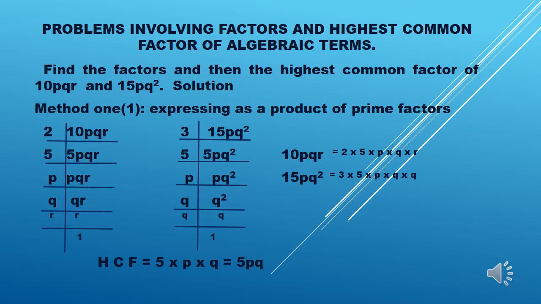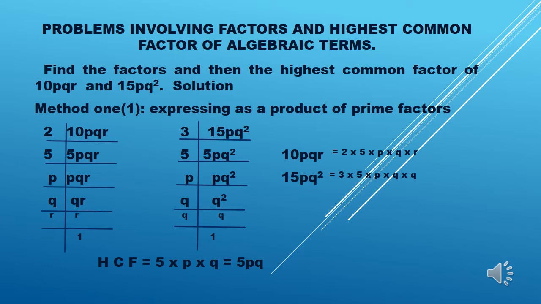Using the least prime factor of 15, we have 3, because 15 is not divisible by 2, so we move to the next prime factor, which is 3. 3 divided into 15, we have 5, and 5 divided into 5, we have 1. Then pq squared comes down.